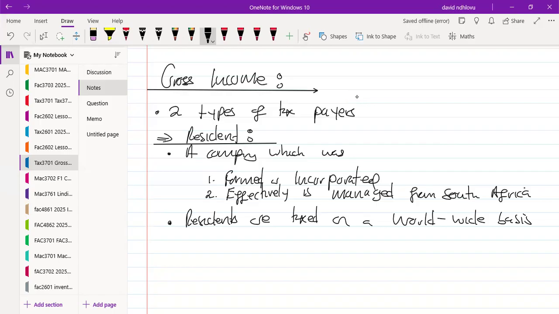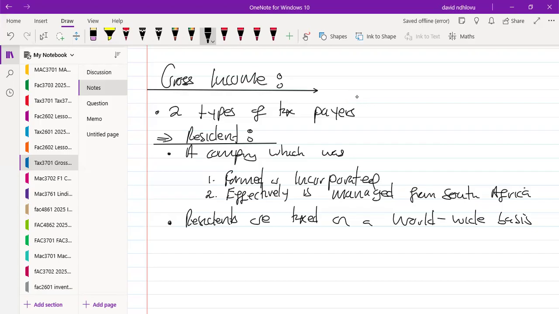Unless there is what is called a double tax relief agreement between the country where the source of the funds came from. Now, a double tax relief may occur, maybe say, between South Africa and Britain, where they make a specific arrangement to say when a resident of South Africa works in the UK and earns money, he will not be taxed in South Africa. South Africa will let Britain tax that individual.